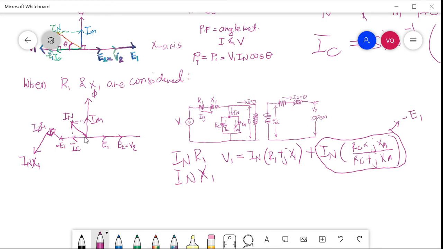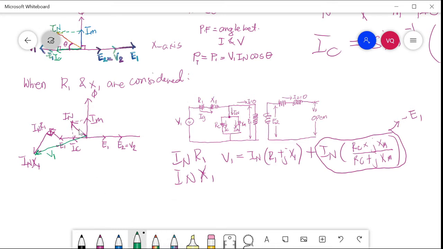So the sum of negative E1 plus IN R1 plus IN X1 is equal to the input voltage. This will be your V1. And the angle between the no load current and V1, the input voltage, is your angle theta.